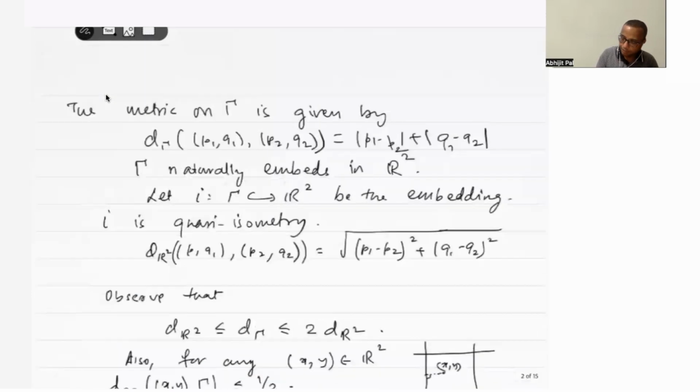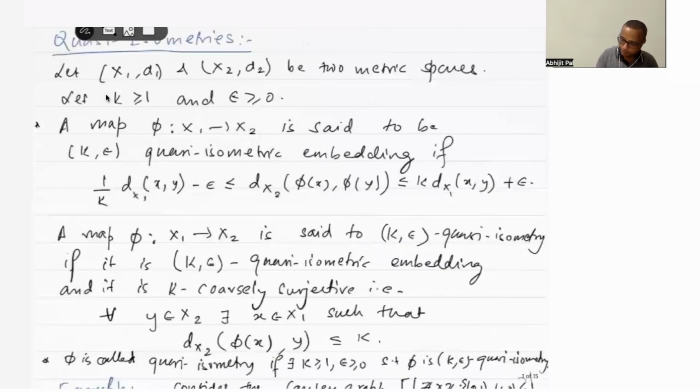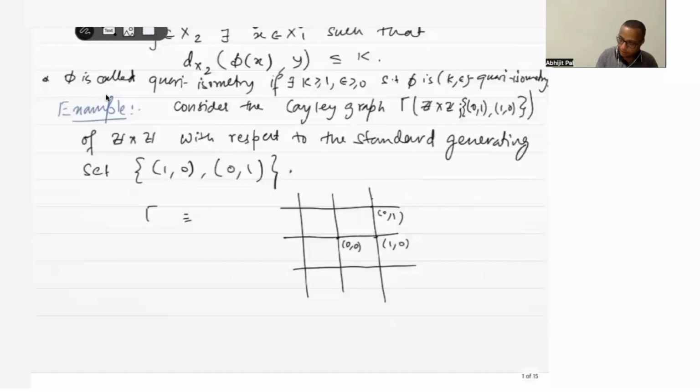For instance, if I take these 2 points, the distance in this metric is as follows. First you go from here to here, so take this path.